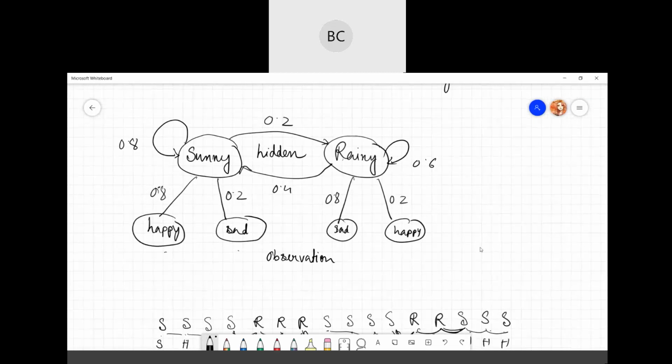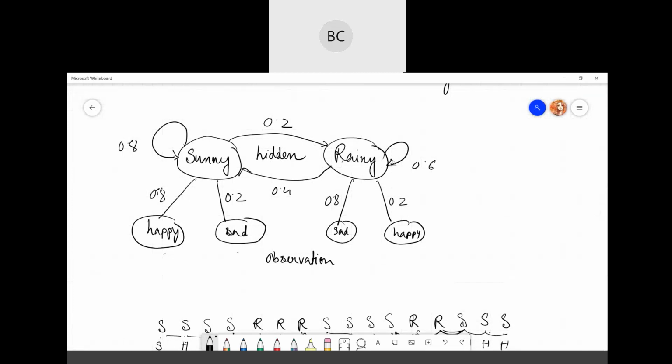Okay, so based on these diagrams and conditions, you can predict whether someday, maybe 2 days later, it is going to be a happy or sad day. The same thing is also involved if you want to forecast weather conditions. Okay, so that's all for hidden Markov.